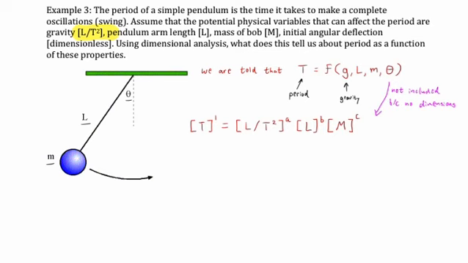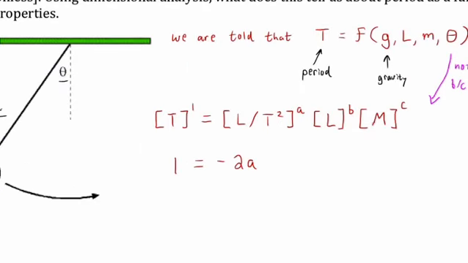Okay? So what the system of equations would look like by considering the exponents, we'd have 1 equal to negative 2a. Any other times? No. Okay? So how did I get that? Well, if you think about it, we have the 2 as the power of time in the denominator.